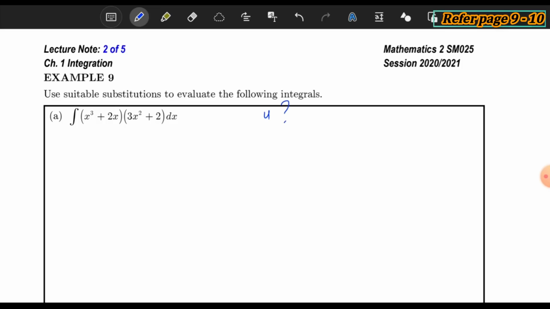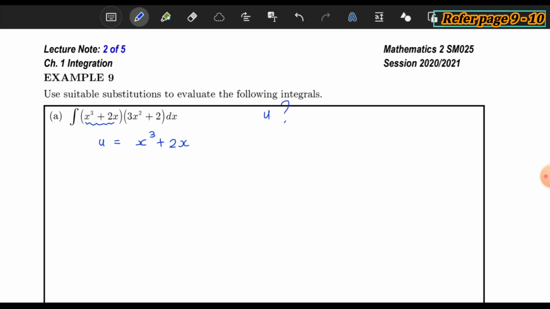Usually, u is a function with higher degree or the more complicated function. So for part A, we have x cubed plus 2x, and another one is 3x squared plus 2. Which one is more complicated? Yes, x cubed plus 2x. It has the higher degree, isn't it? So we choose u equal to x cubed plus 2x.